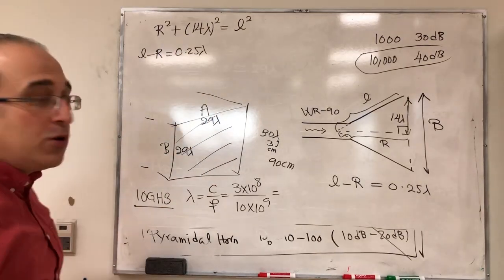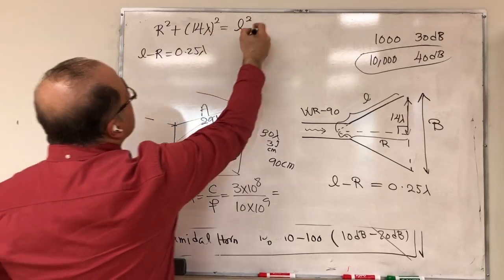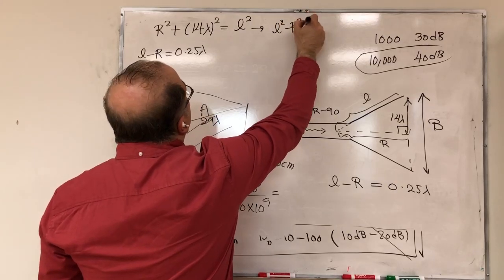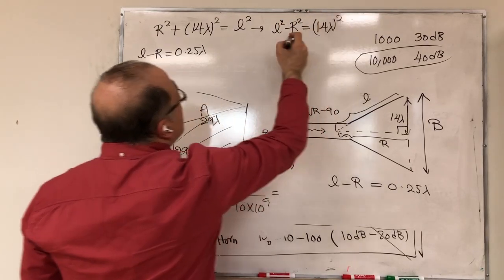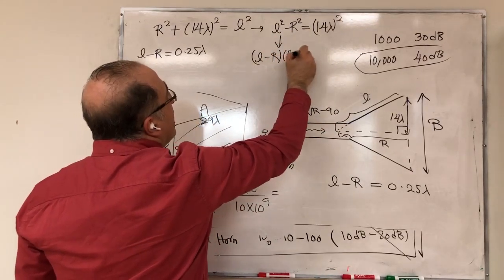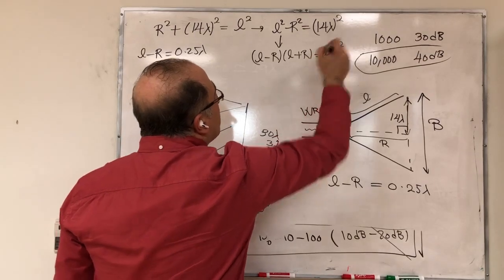So this is also what I know, and I can use this and write L squared minus R squared equals 14 lambda to the power of 2, and I can write that as L minus R times L plus R equals 14 lambda to the power of 2.